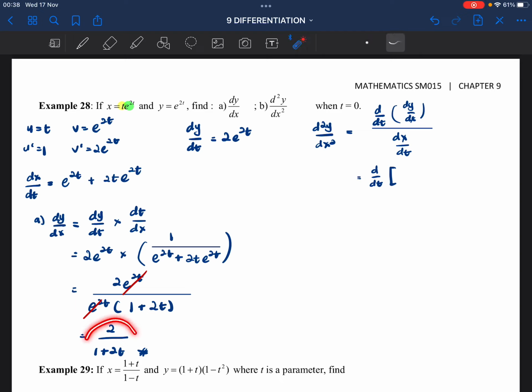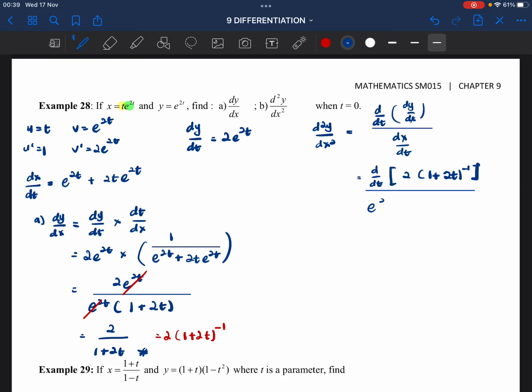This is our dy over dx, or to make it easier, we don't want to use the quotient rule because we have a constant here. We can simplify this to 2 times (1 plus 2t) to the power of negative 1, which we can differentiate using the power rule. So our dx over dt is basically this here, over e to t plus 2t e to t.